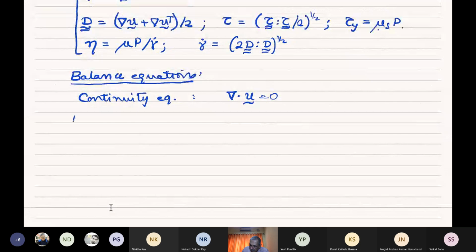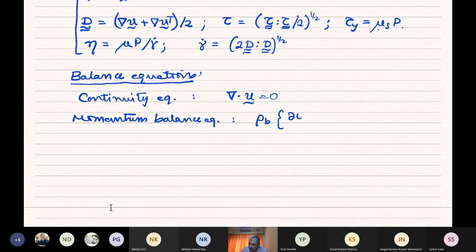And we have the momentum balance equation, which is rho times del u by del t plus u dot gradient of u is equal to minus gradient of p plus divergence of tau plus rho g.